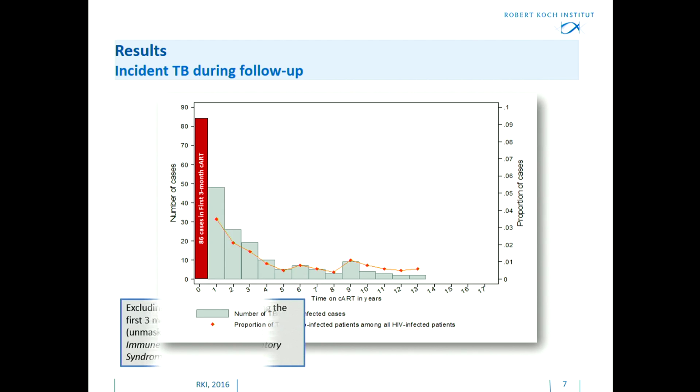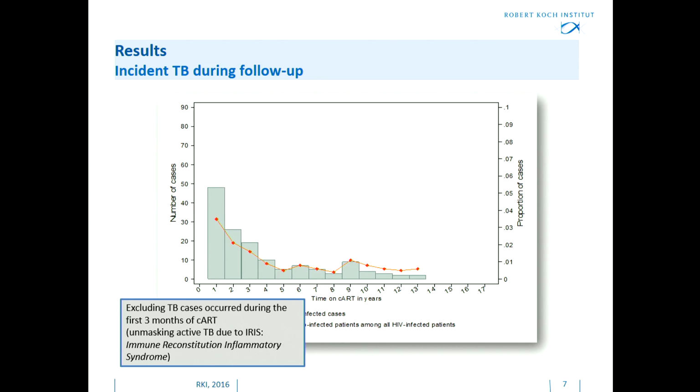We exclude these cases because they are more likely unmasking active tuberculosis, which means these cases already existed but were subclinical, due to immune reconstitution inflammatory syndrome. So we exclude these cases and focus on those happening after 3 months. As you see, the majority of cases happen during the first 3 years of antiretroviral therapy.